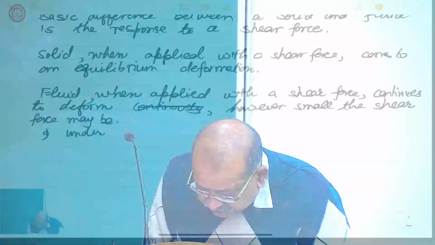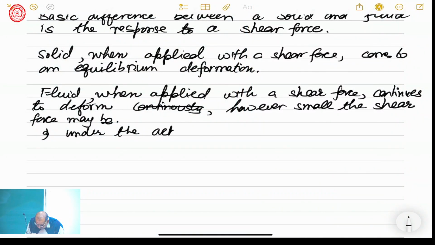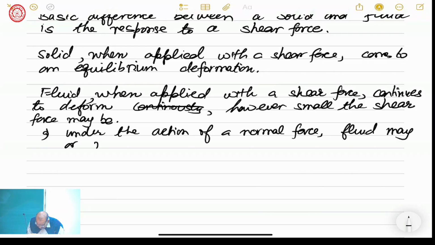That is one point. So to qualify this, point number A: under the action of a normal force, fluid may or may not deform.